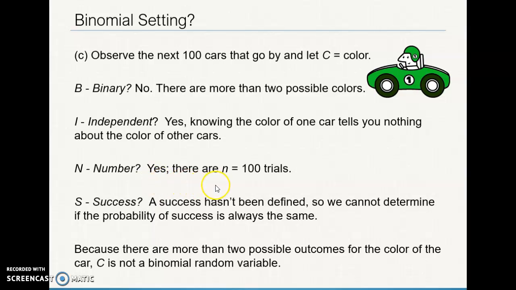There are exactly 100 trials, so there is a fixed number of trials, and our success isn't defined. C is equal to color, so we're not talking about the number of colored cars that we see and what the color is, green, yellow, purple. That hasn't been defined, so the probability of success can't be the same. So since there are more than 2 possible outcomes for the color of the car, it's not a binomial random variable.